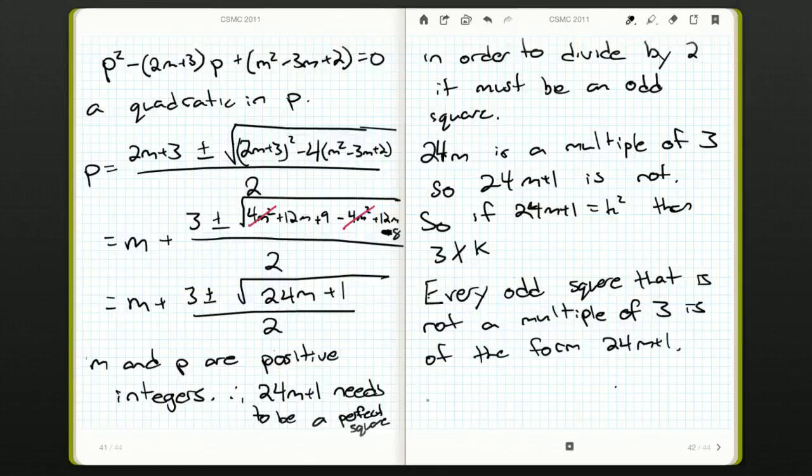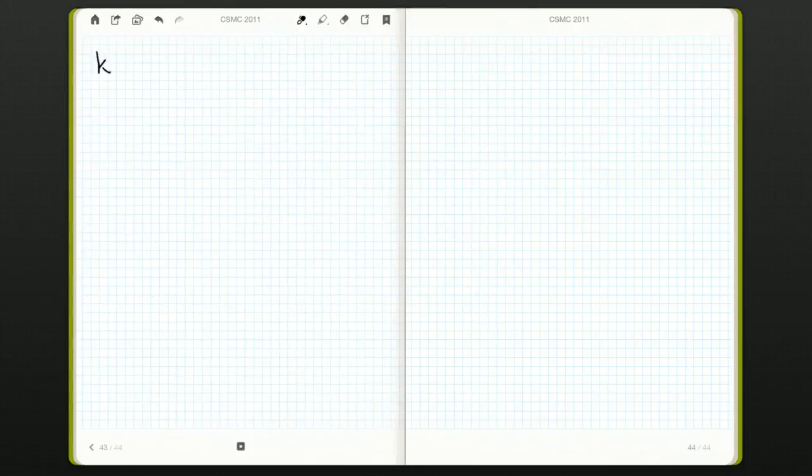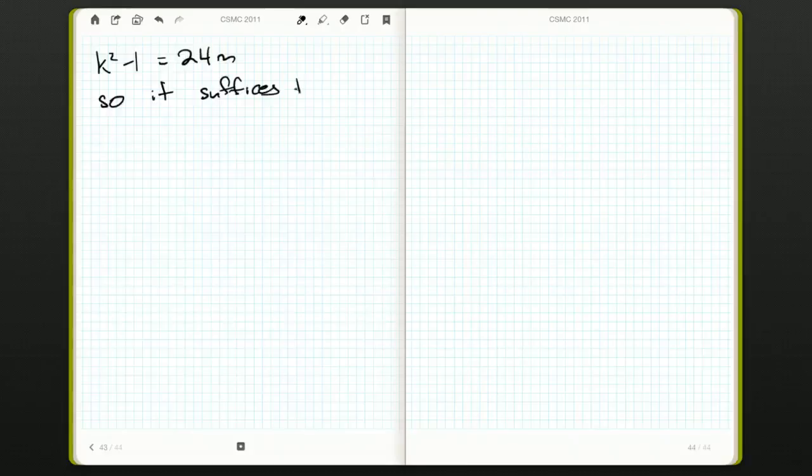So, how do we do this? Okay, so if k squared is equal to 24m plus 1, then k squared minus 1 is equal to 24m. So we just need to show that 24 is a factor of k squared minus 1.